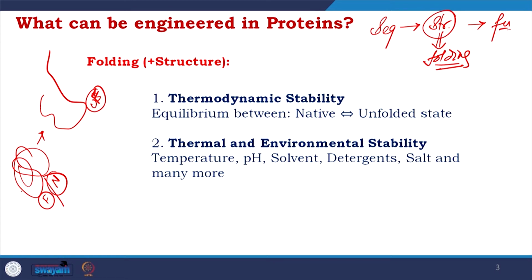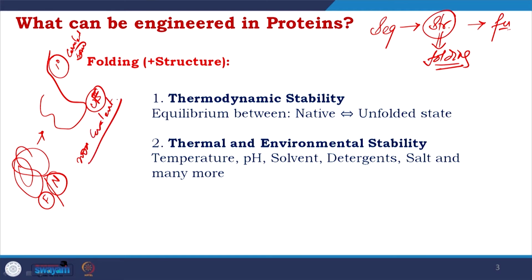You all know the protein has a primary sequence, made by covalent bonds. Then the protein folds, and we get the structure by non-covalent bonds.